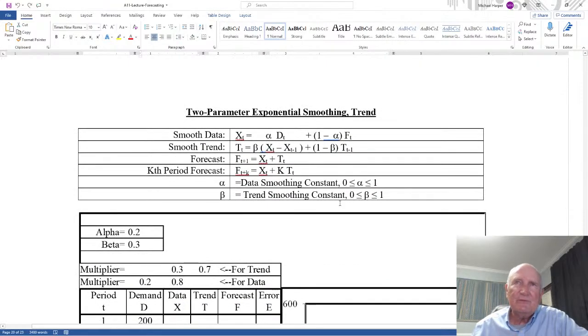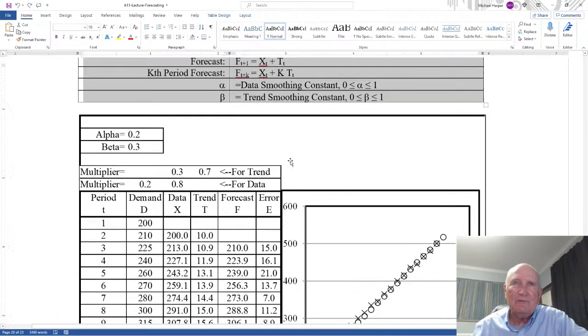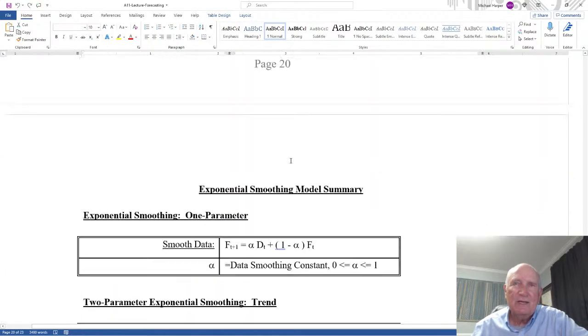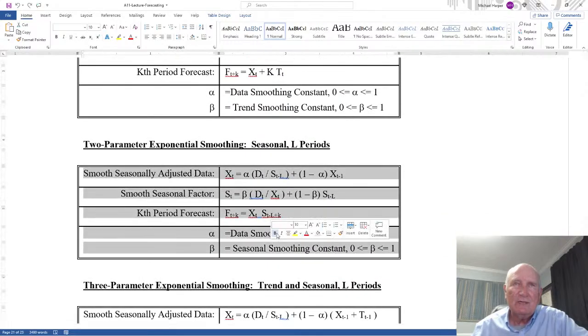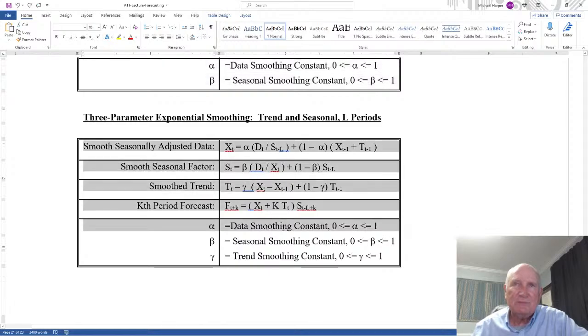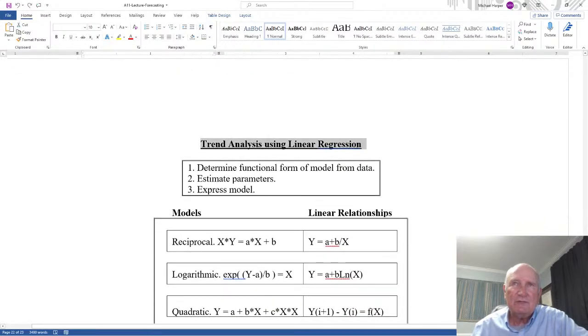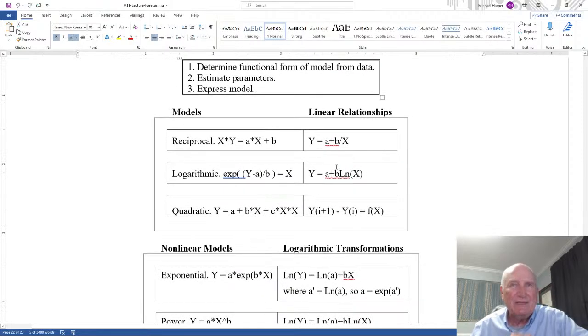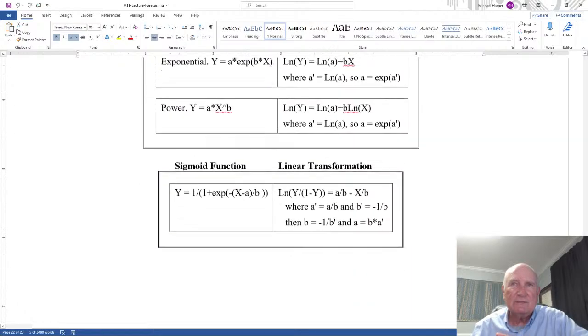So to be complete, for those who are interested, I did list the equations, an example of a 2-parameter exponential smoothing, and then finally the equations down here for the 2-parameter seasonal and the 3-parameter exponential smoothing. And then I have a trend analysis using simple linear regression. I put it in these notes, although we're not going to do that. We're not going to go into this now.